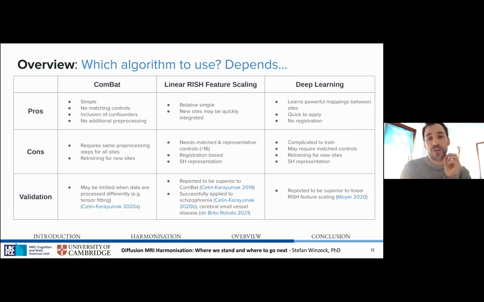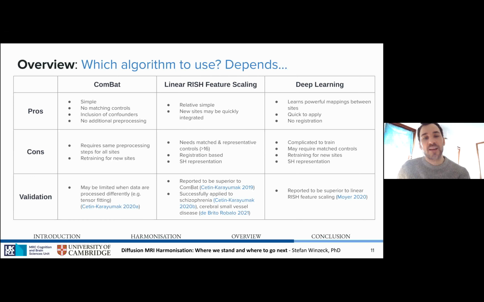And it's also registration based. And registration can be quite challenging if you have some pathology, for example. And while Combat, for example, uses FA or BMAP, whatever parameter map you want to use, linear RISH feature scaling obviously relies on the SH representation, and that's a little bit more complicated, another step to account for, rather than just applying the Combat model.